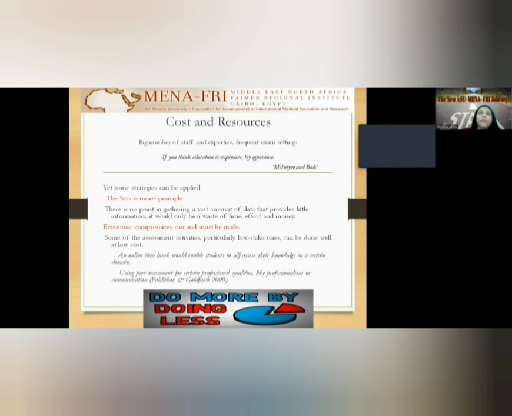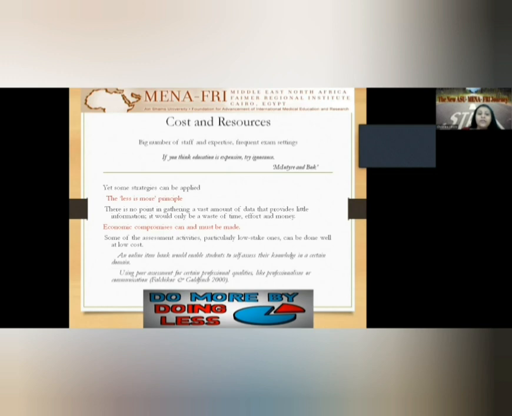No need for repetition of data that gives no new information. One of the experts also suggested that we can apply programmatic assessment and mentoring in limited sectors of the program till we are able to apply it all through.